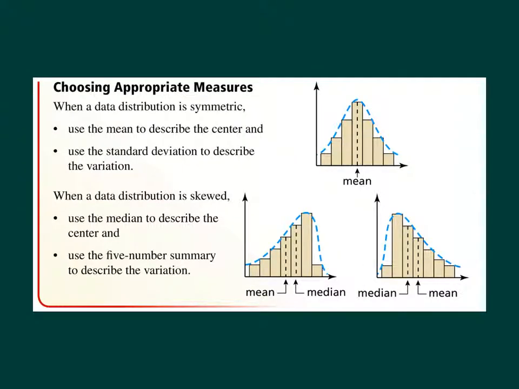And just one closing remark on choosing the appropriate measure to represent the data. If we have a symmetric distribution, then the mean is really a good option to use.